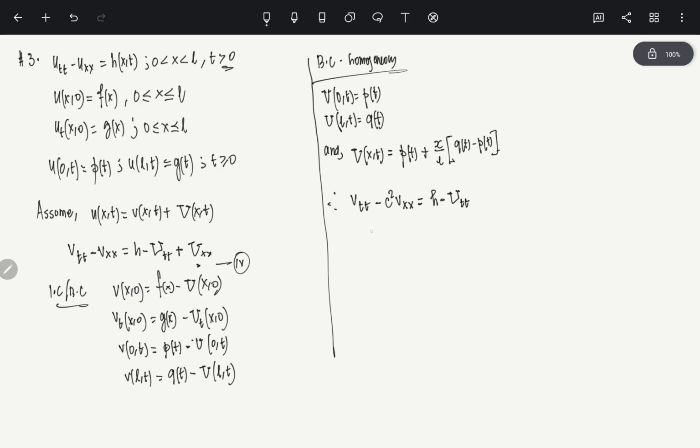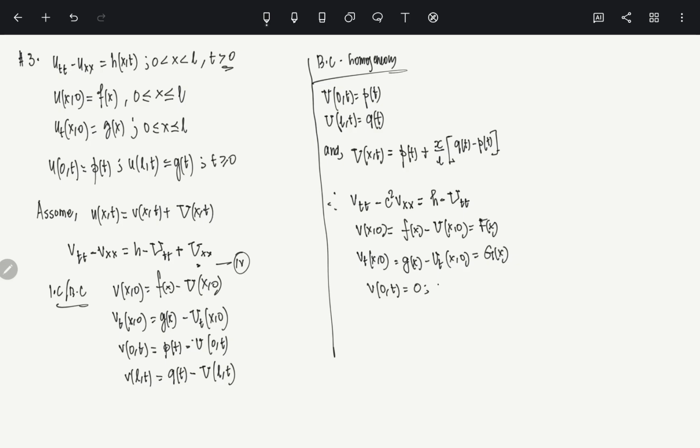Then v of x, 0 is nothing but f of x minus U of x, 0, which we call capital F of x, and v_t of x, 0 is g of x minus U_t of x, 0, which we call capital G of x. And then v of 0, t is 0, and v of l, t is 0.